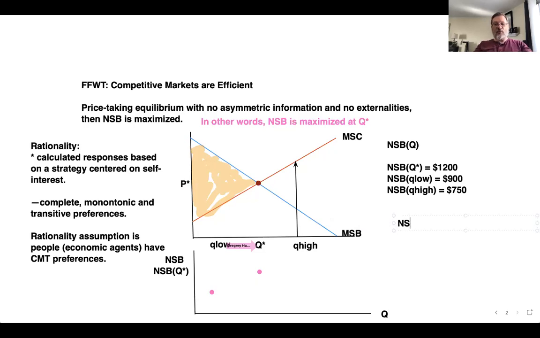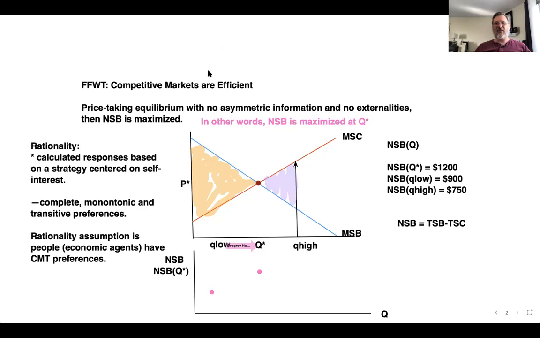And remember, net social benefit is equal to total social benefit minus total social cost. So the point is that over here, you have losses of total surplus because the costs of production are higher than the benefits of consumption. Do you see what I'm saying?